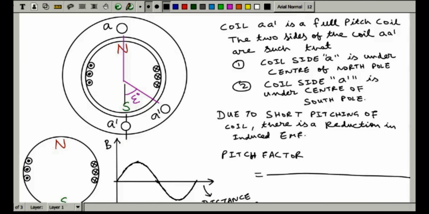So we can say pitch factor is the induced EMF with short pitched coil divided by induced EMF with full pitch coil.